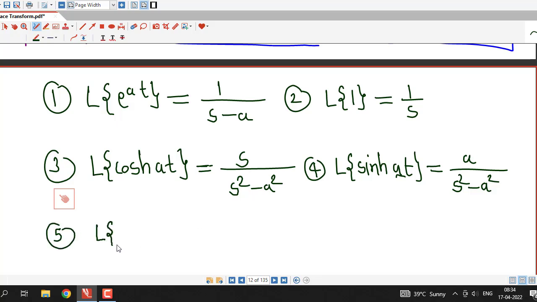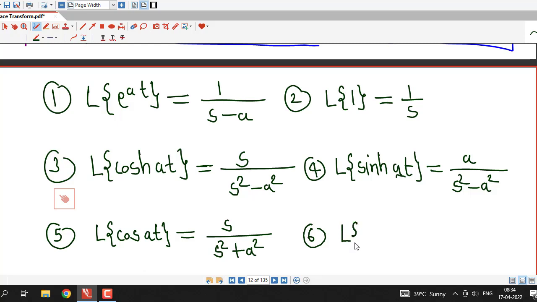Similarly, Laplace transform of cos at, which we have derived today, is s divided by s square plus a square, and Laplace transform of sin at is a divided by s square plus a square.